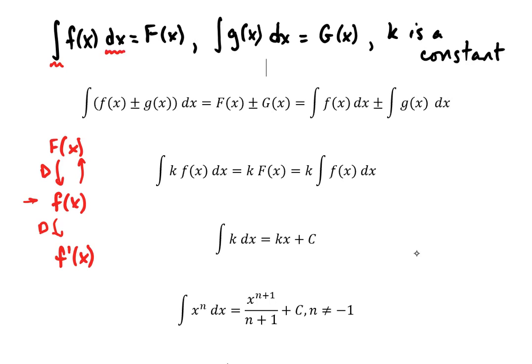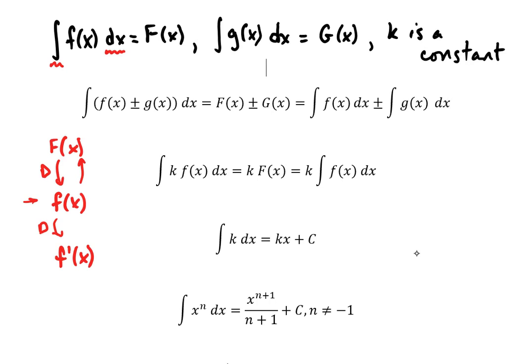The letter that follows the d there should always be the same as the variable that you have in your function. So since this is a function of x, we should have a dx. If you had a function of the variable t, you would see a dt. There is a larger role that this thing plays in more advanced math classes, but obviously that is not in the scope of our course, so we're not concerned with it.